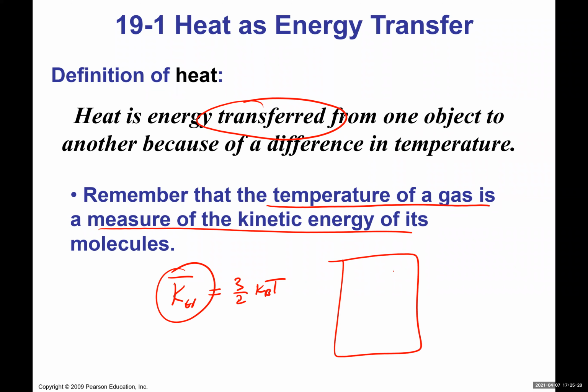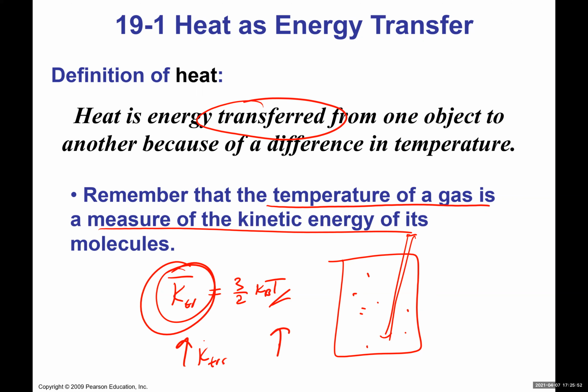That means you have a system like this, you put a thermometer in, and what it measures is basically the average kinetic energy of your molecules. If you add heat, which means giving your system some energy, then those molecules are going to be moving faster. As they move faster, the average translational kinetic energy increases. That increase then gives you an increase in temperature as well.